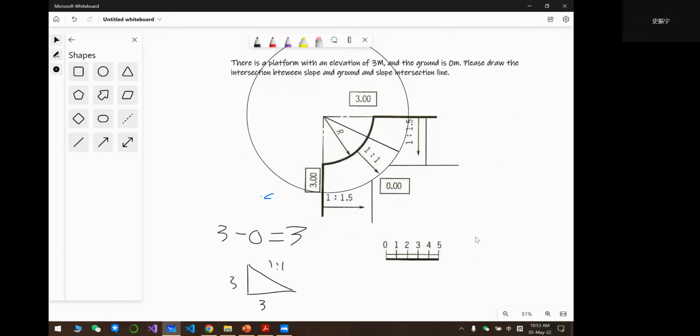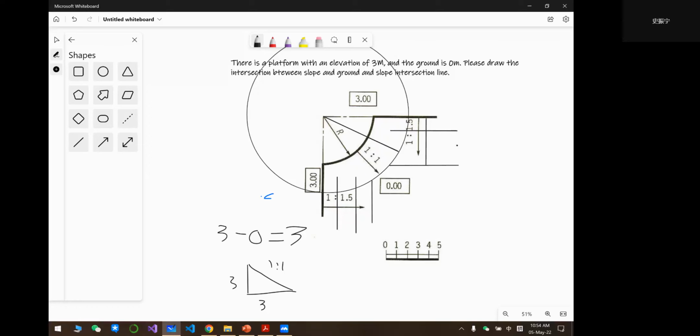So how about next? The next step is to find many lines. For example, at first we are going to find a control line with elevations 3, 2, 1, 0. Maybe I have to draw a control line with the elevation of 1, like this, 3, 2, 1, the same.